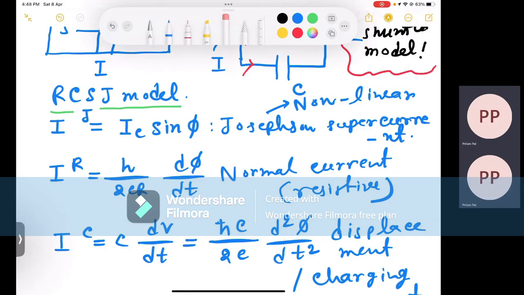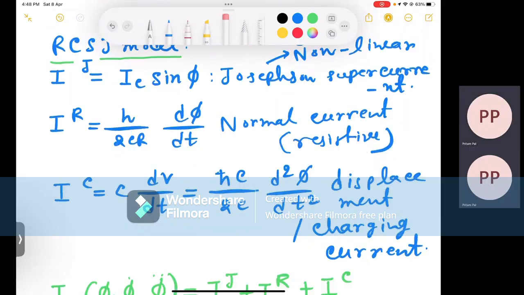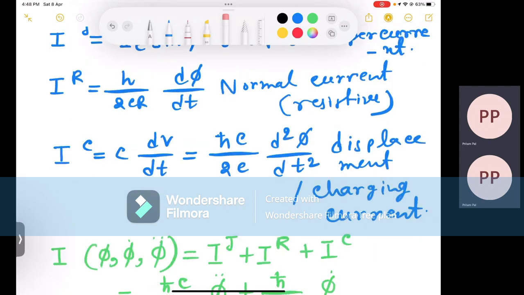From the second Josephson equation, if we replace the V, we simply get h over 2eR times d phi dt. This is a normal current, the resistive current, right? And then the capacitive current, the displacement current, comes. This is because of the charging, the static charge that we have on both sides of the plate, and because of the capacitive effect we have this kind of current.